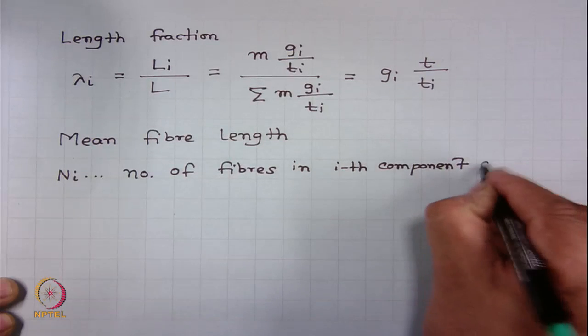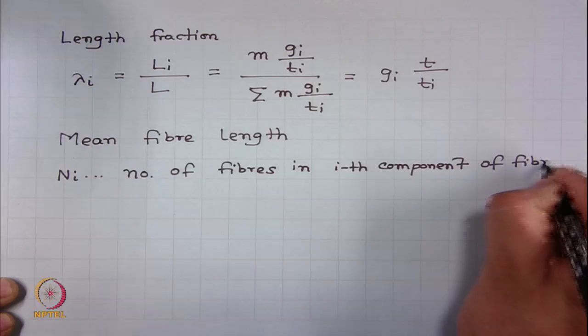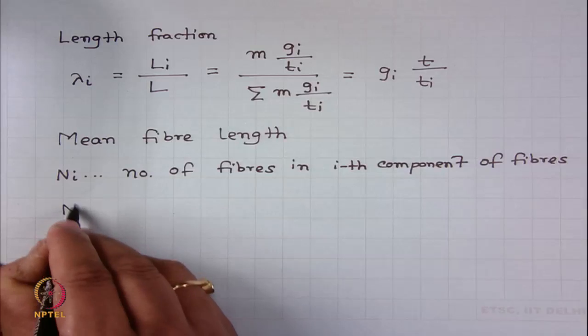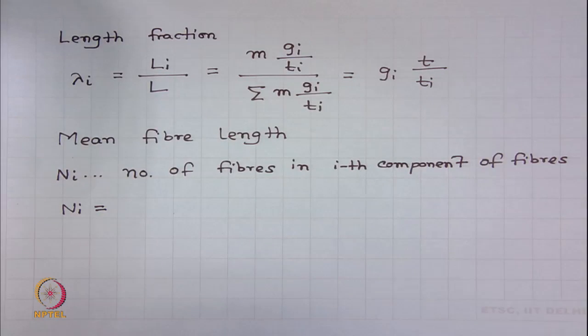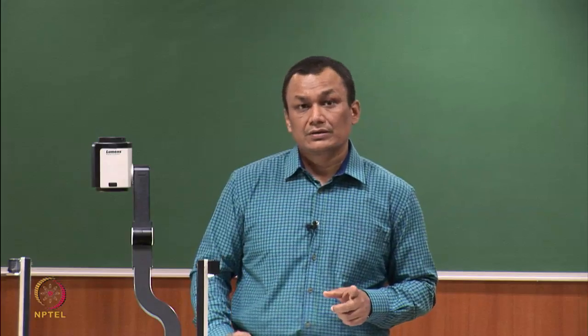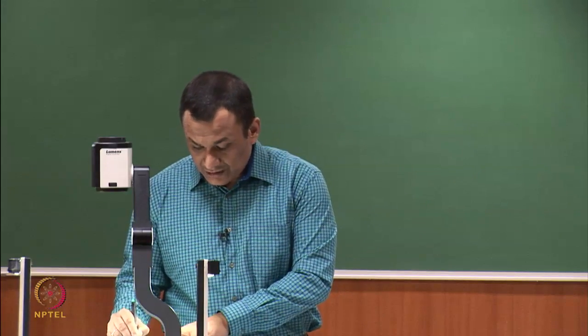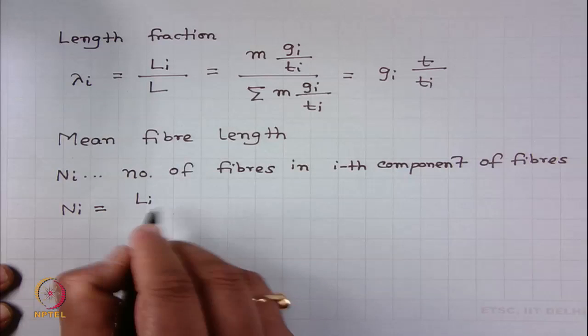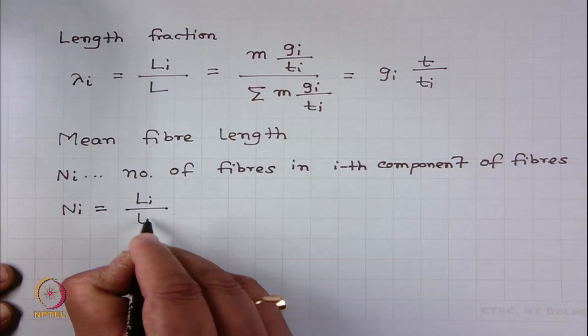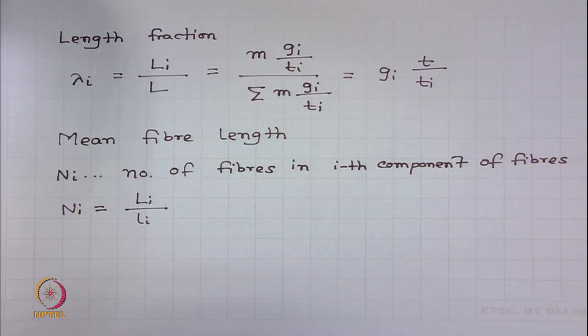How can we find out n subscript I? This is equal to total length of all fibers of ith component divided by length of one fiber of ith component, capital Li by small li.